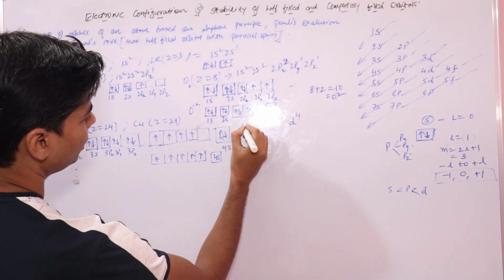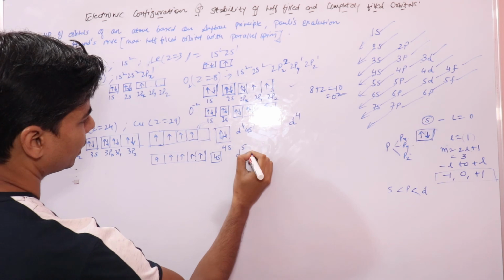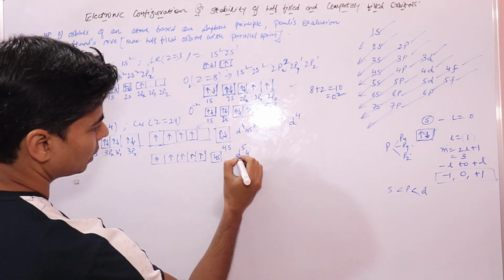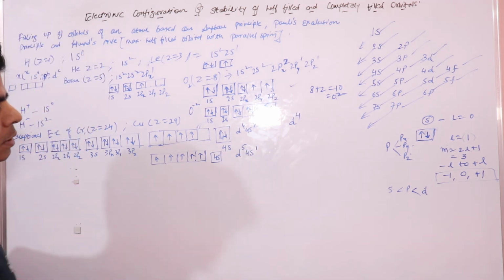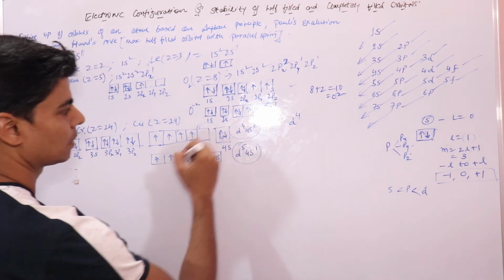Earlier it was d4 4s2. Now it will change to d5 4s1. So this electronic configuration is stable compared to this, right?